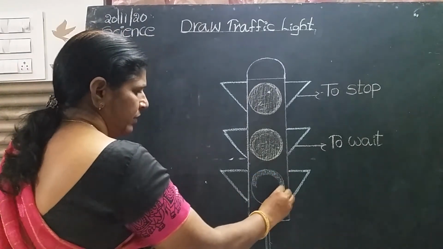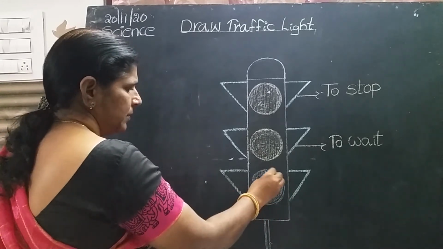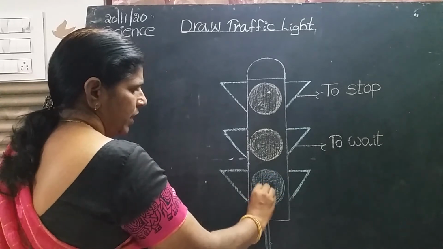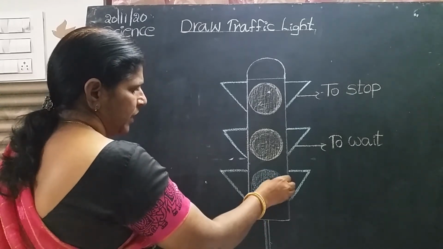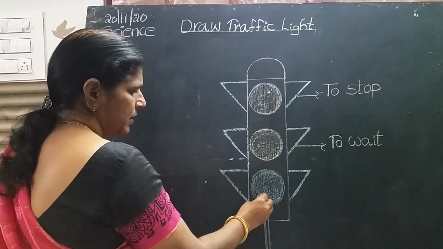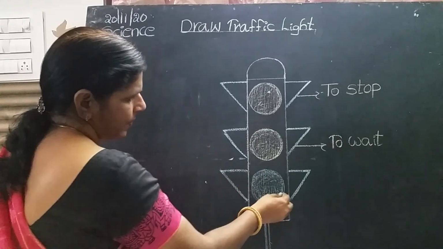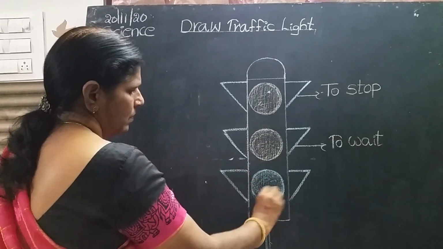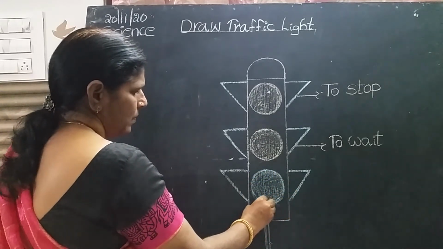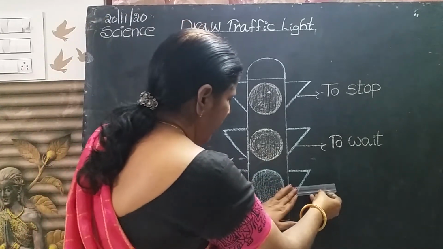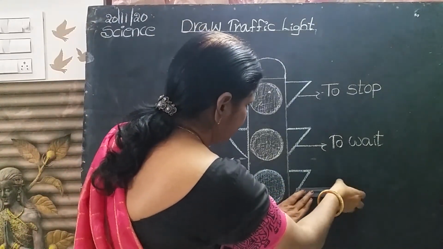Fill the circle with the green color. Okay, you have to use crayons or color pencils. Okay, what do you have to write here?